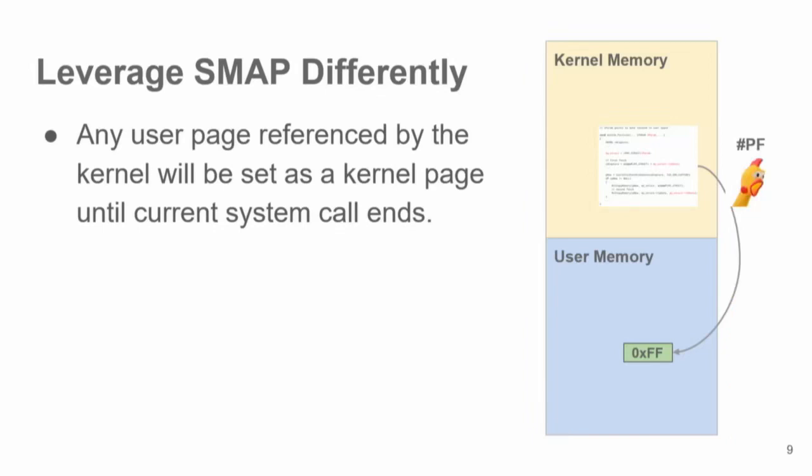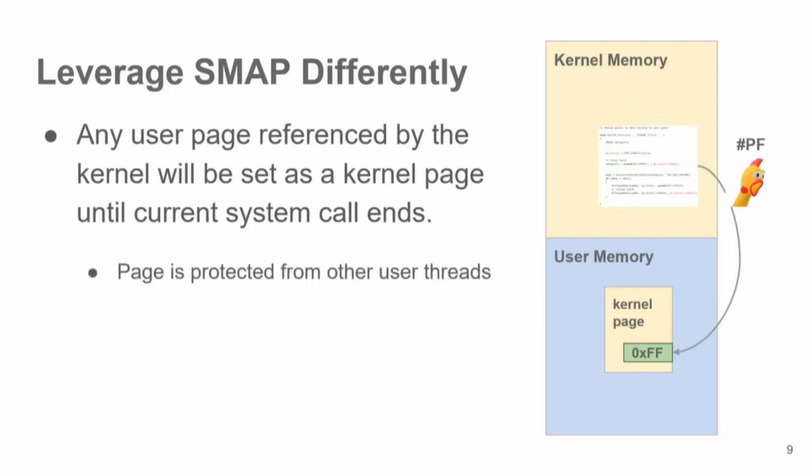Instead of crashing the kernel, we want to put the page into kernel space by setting the user/supervisor bit in the corresponding PT entry. Doing that has two benefits. One is that this page is protected from all other user threads, because it is in kernel space now, so no other user thread can override a kernel page.